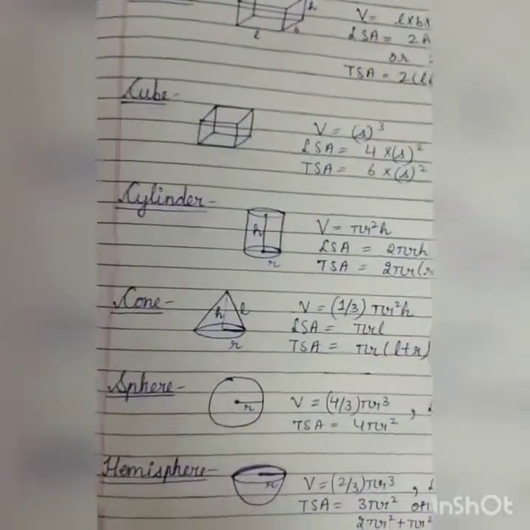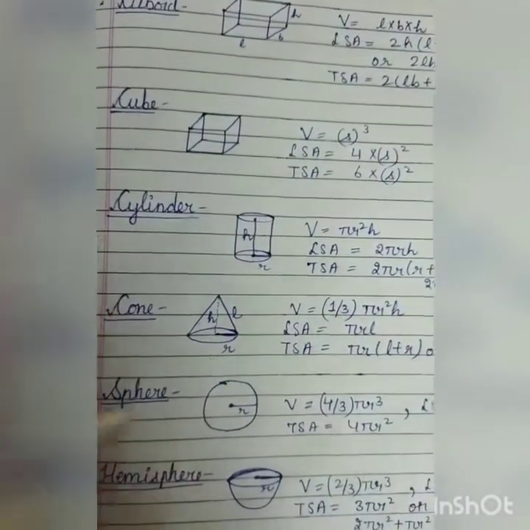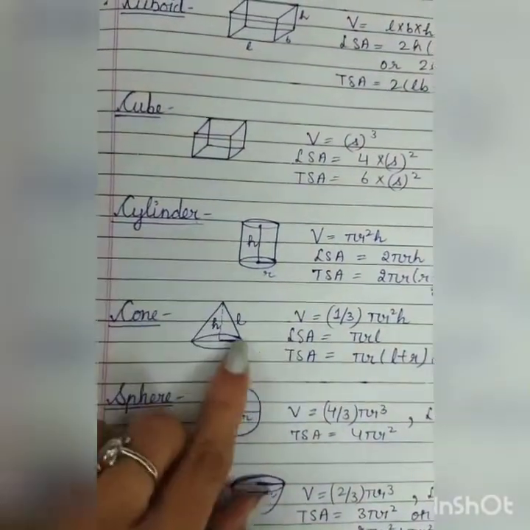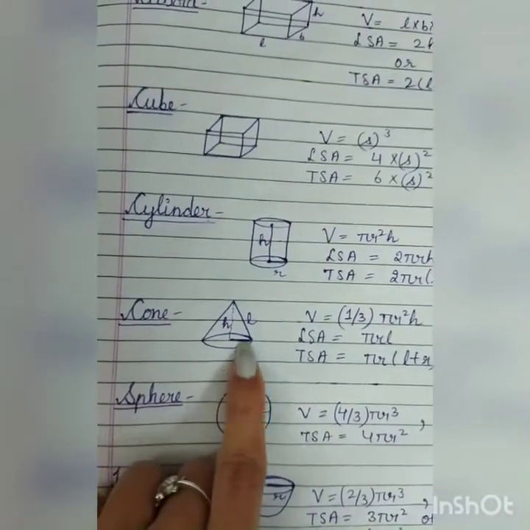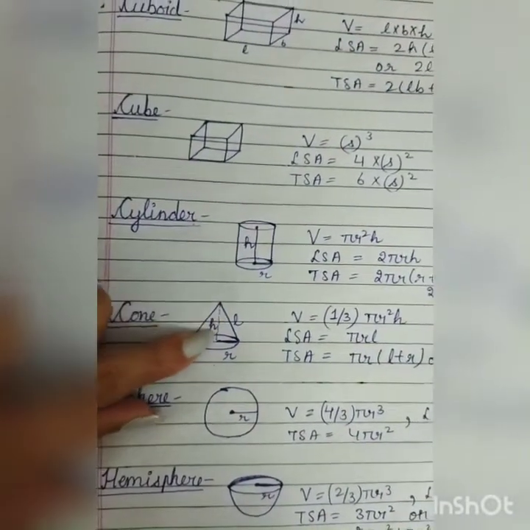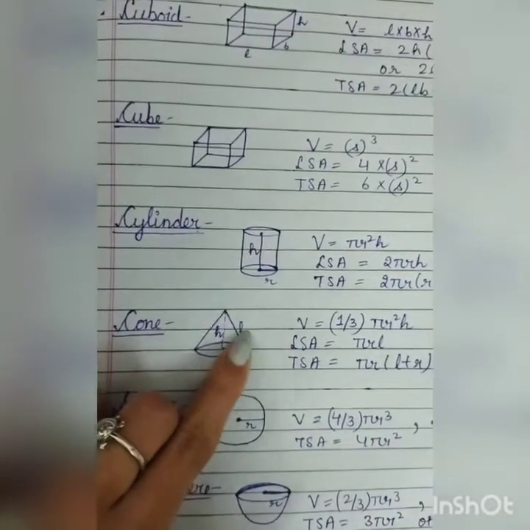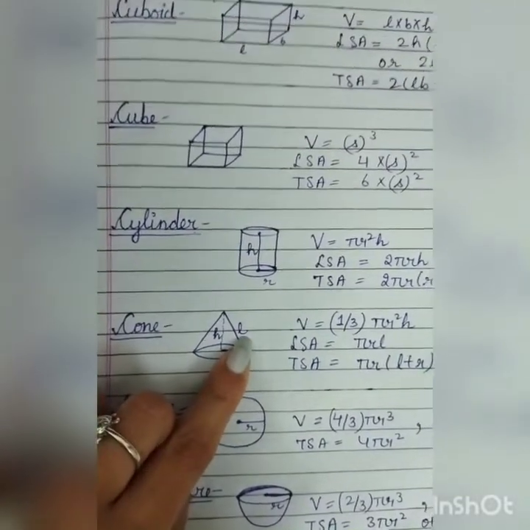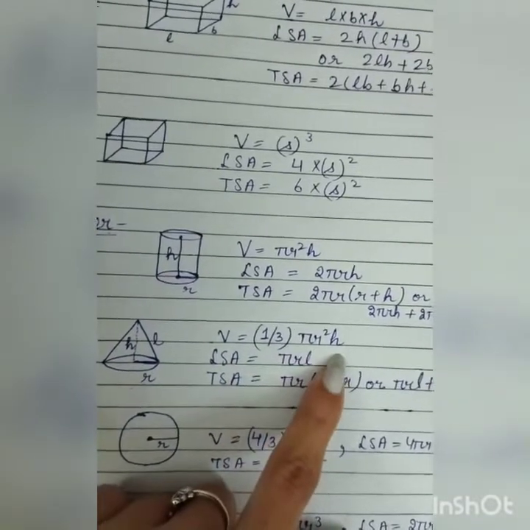Next one is cone. Again, you have seen the cone. It is a little bit curved and then circular shape at the bottom. And we have radius at this side, height this, and this part is slant height. We denote the slant height by L. So its volume will be 1 by 3 pi r square h.